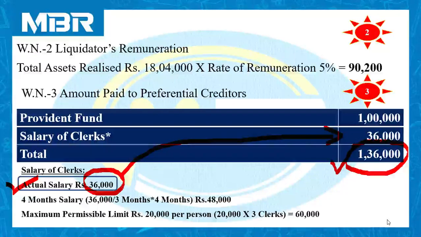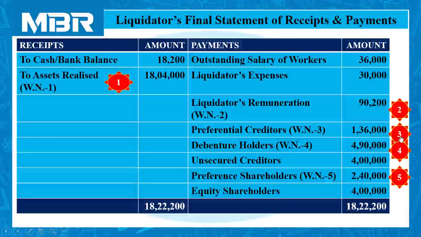Total 1,36,000. And this 1,36,000 is included in the liquidator's final statement of receipts and payments. Working note number 3, preferential creditors 1,36,000.